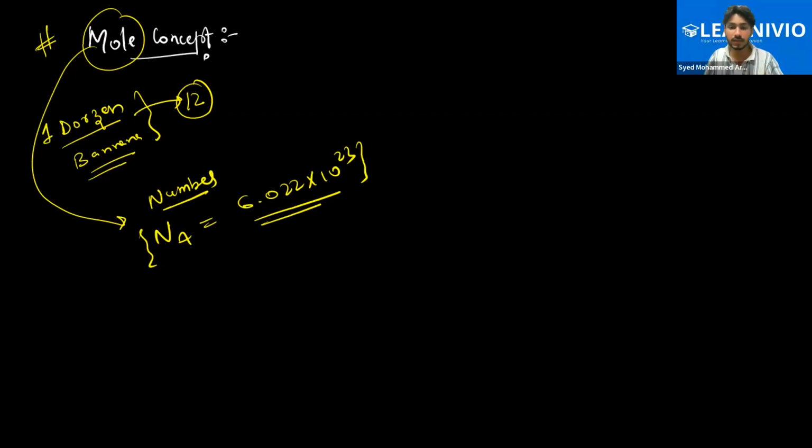So if I take a single piece of matter, this stylus pen that I'm using, matter is something which has mass and occupies space. In this stylus pen there are billions and trillions of atoms.